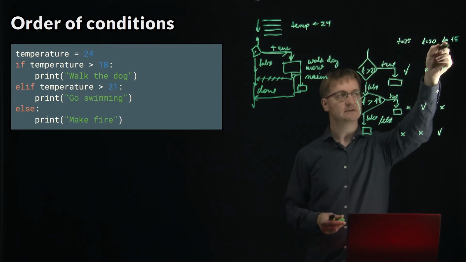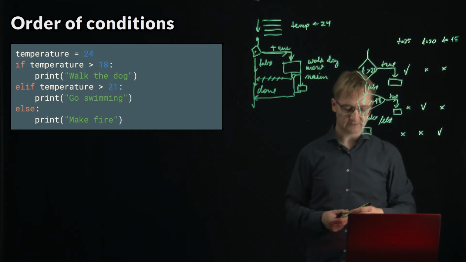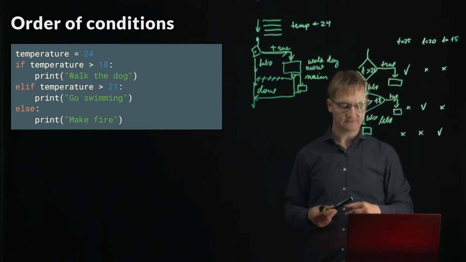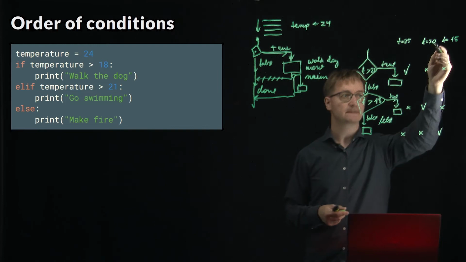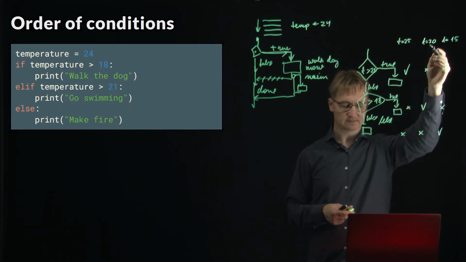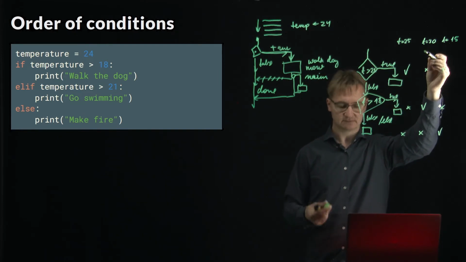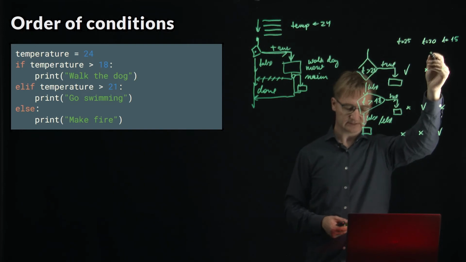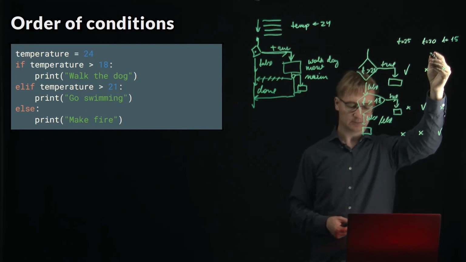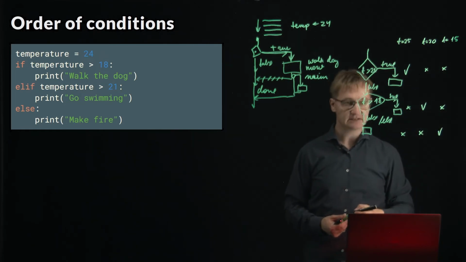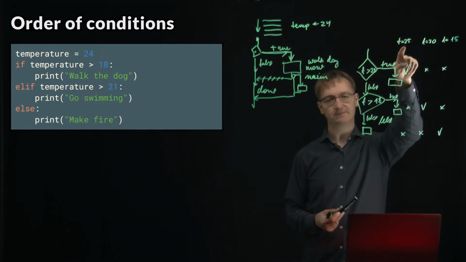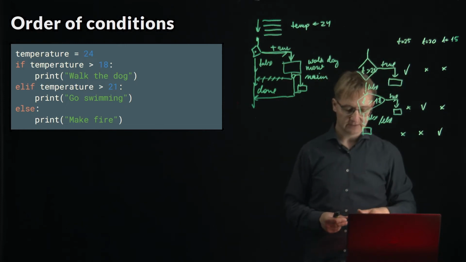I take the same values as before, but now the order is different. If the temperature is, let's say, 20, then everything works as intended. So we walk the dog. But let's say that the temperature is 25. What happens here?